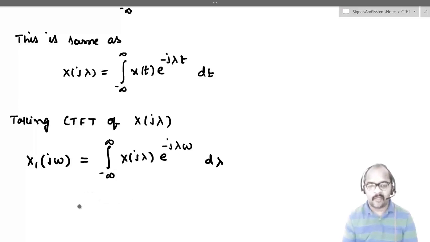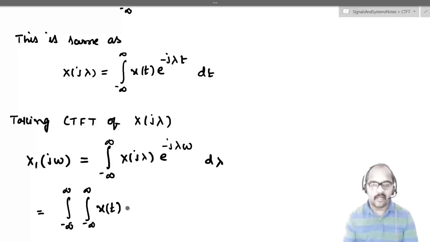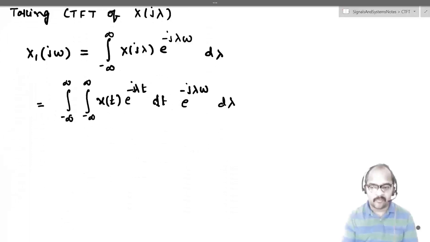So let us replace X of j lambda. You get the integral from minus infinity to infinity of X of j lambda, which is the integral of x of t e power minus j lambda t dt, multiplied with e power minus j lambda omega d lambda. Now we bring the common terms together.